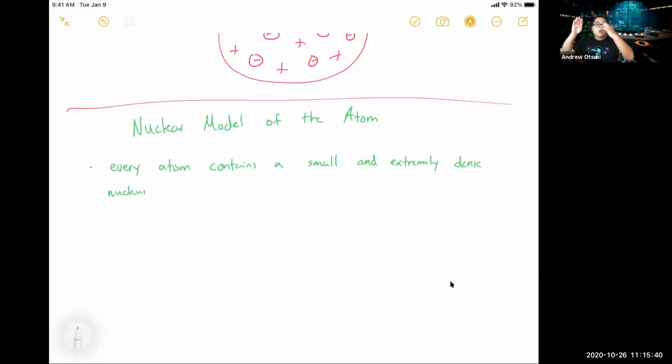So what can we say about the nucleus? It contains the atom's positive charge.